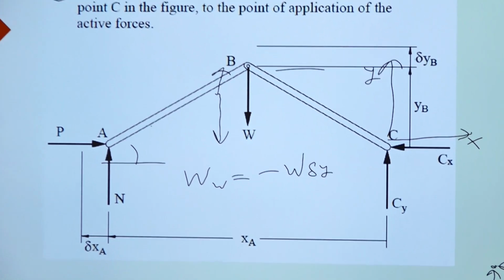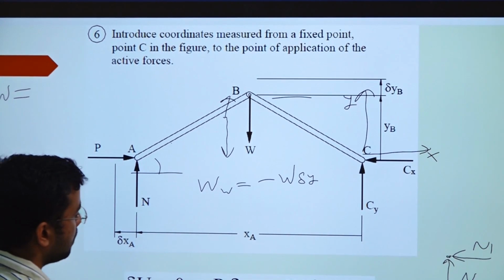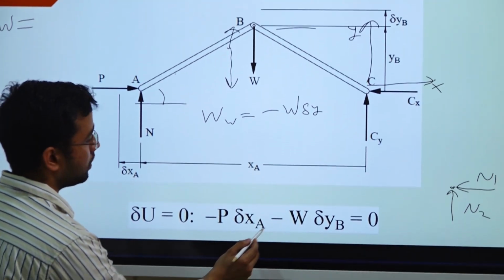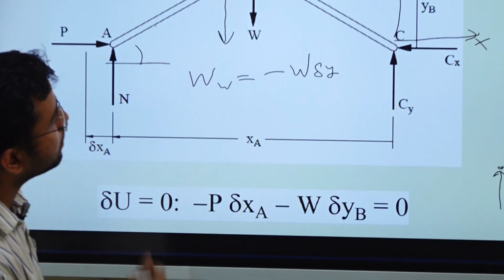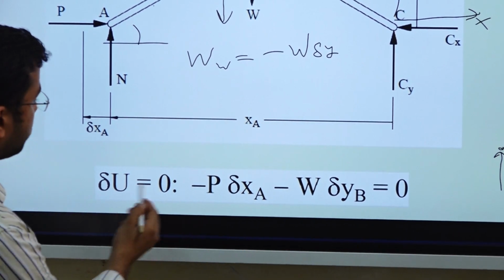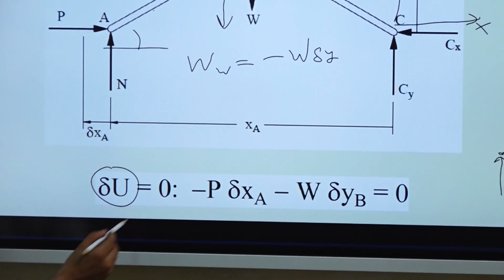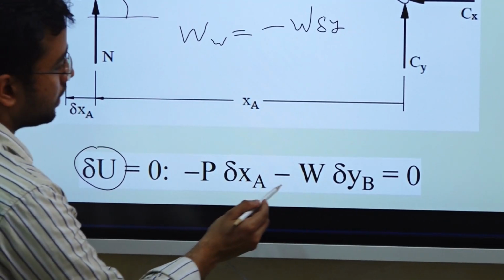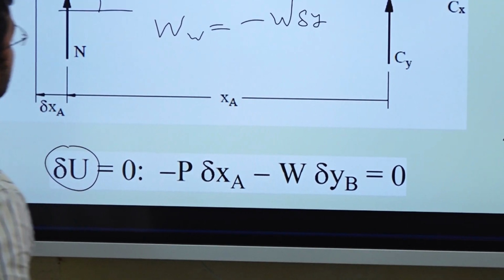So here you can see minus P delta XA minus W delta YB, right? So delta U, the total work done, is equal to 0. So minus P delta XA minus W delta YB should be equal to 0.